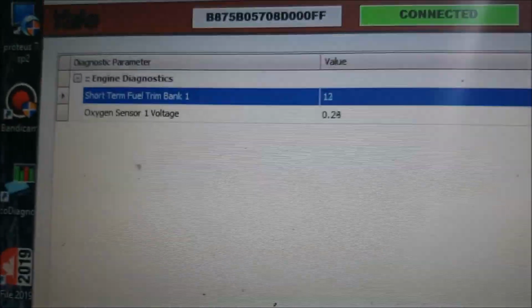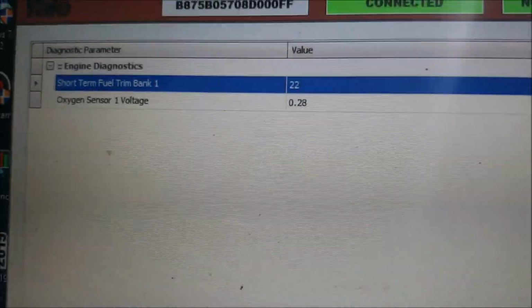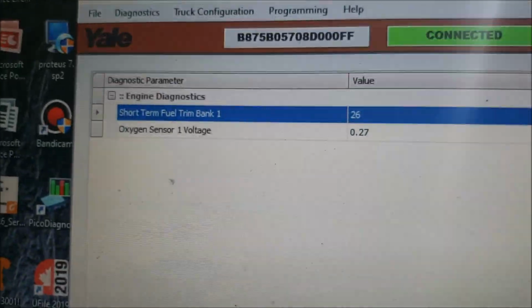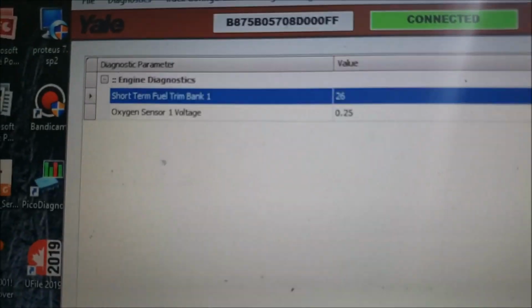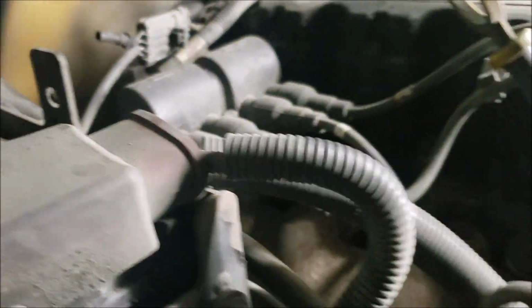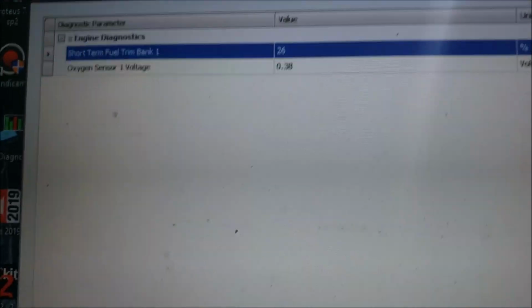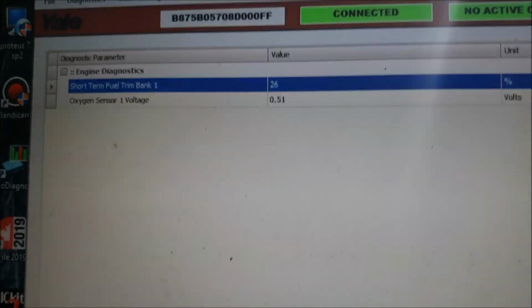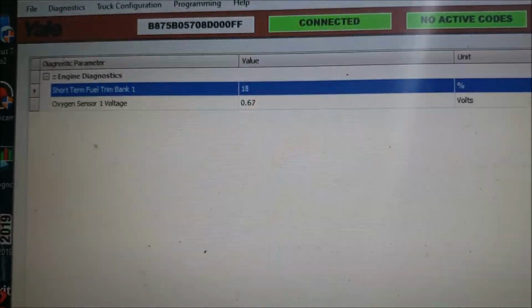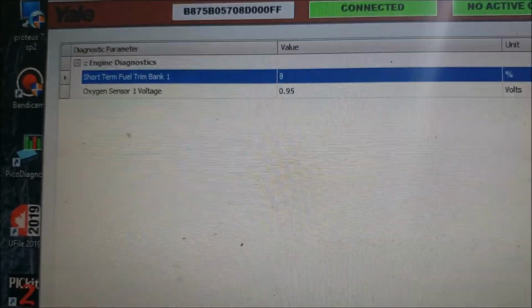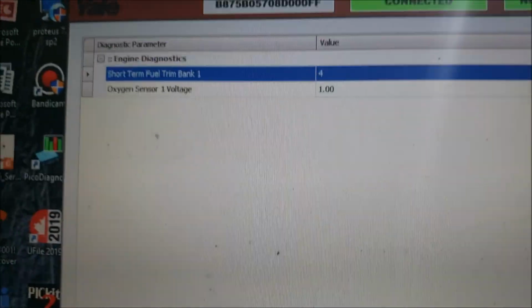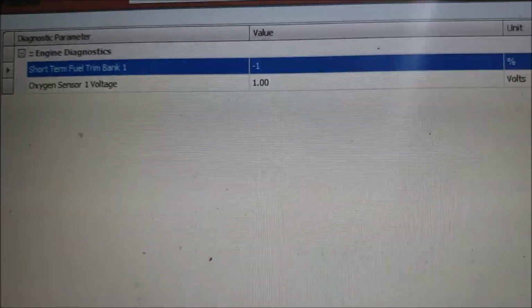You see my oxygen sensor now is almost at 0, and the short-term fuel trim is maxing out to the positive. So basically the computer is adding more fuel because my oxygen sensor is saying that it's lean. Now let me take it out again and see the reaction from the oxygen sensor. It goes up, and you see my short-term fuel trim trying to react.